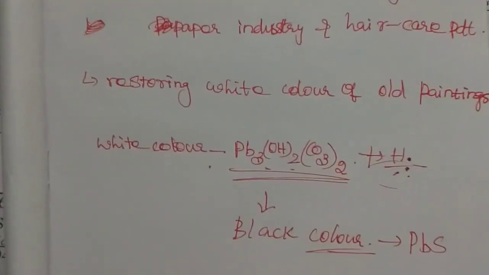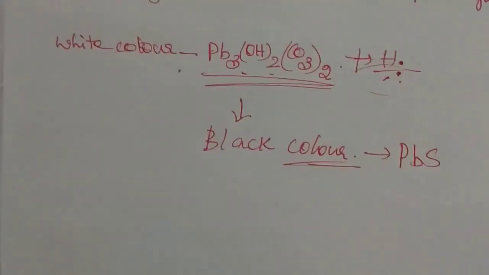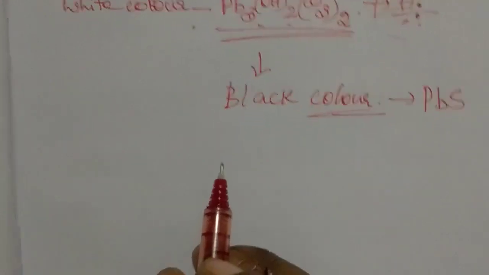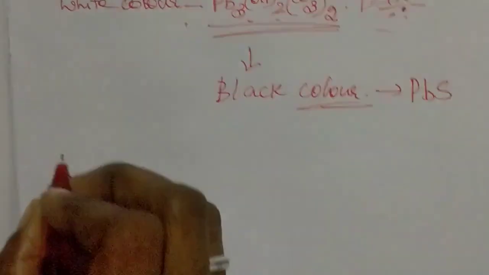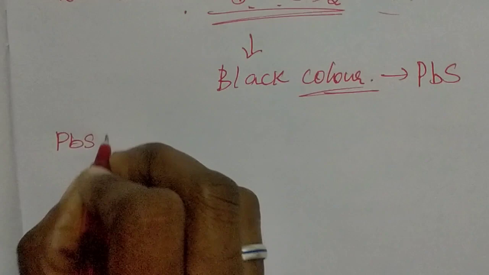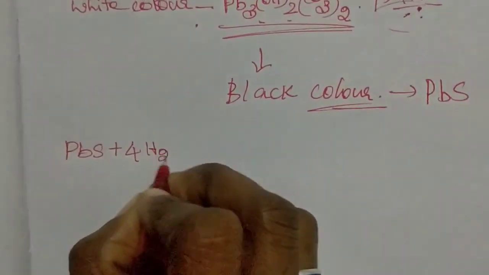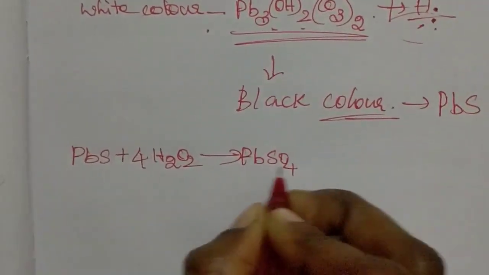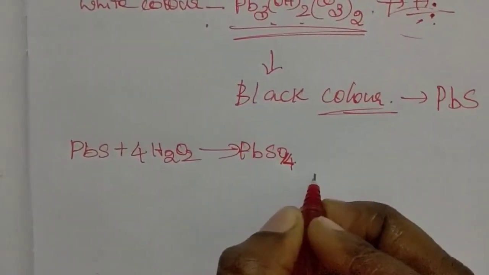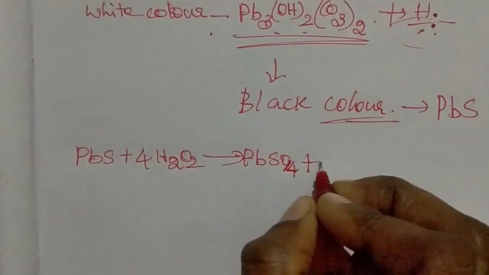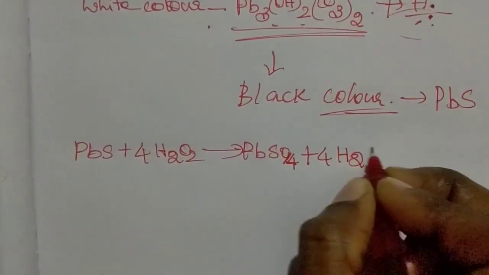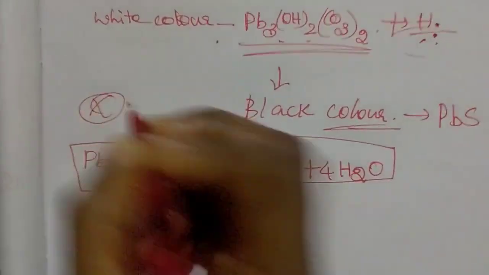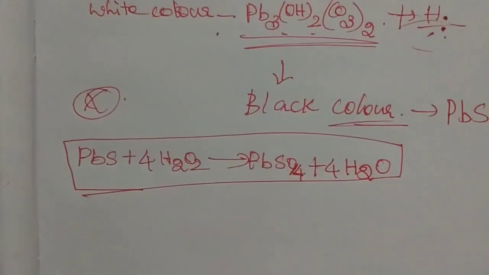So we treat this lead sulfide with hydrogen peroxide to restore the white color again in these old paintings. Treating lead sulfide with hydrogen peroxide produces lead sulfate, PbSO4, and 4H2O. This is one of the important uses of hydrogen peroxide.